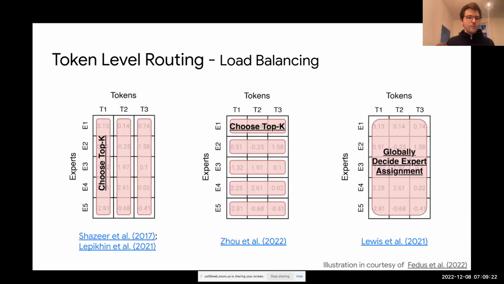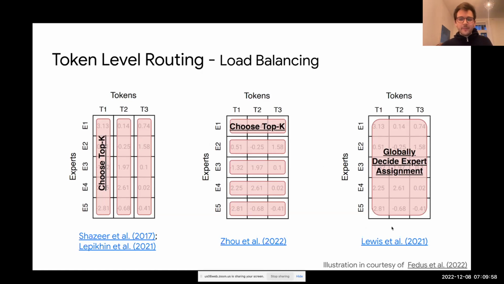This load balancing has also been the focus of some research recently, where the first way of implementing it was that each token selects the top K experts that it wants to be routed to. Alternatively, the experts can select the top K tokens that they want to be routed to them.